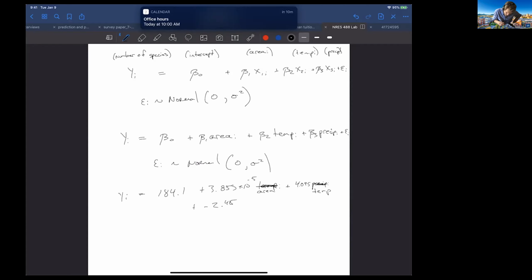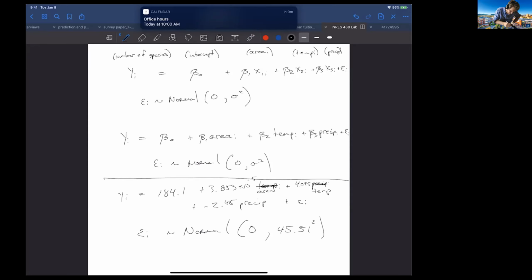Trying to do this fast: temp, precip, plus epsilon i, where epsilon i comes from a normal distribution with mean 0, and then the variance is 45.51 squared. So that's our fitted model statement.